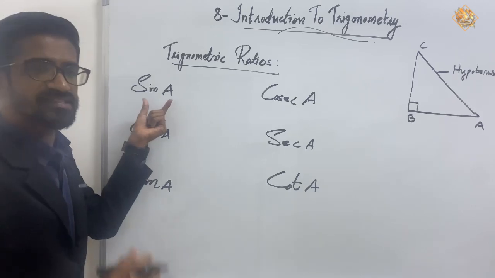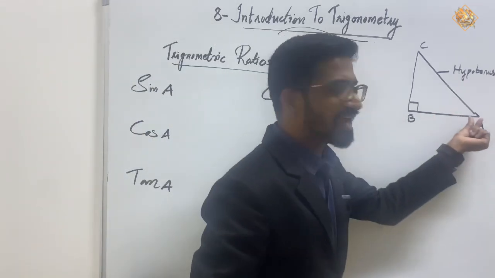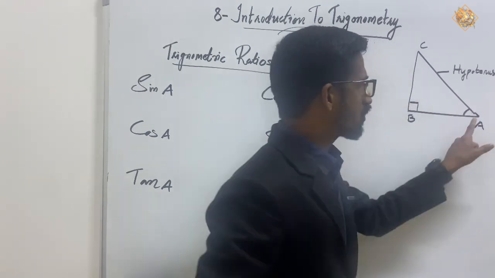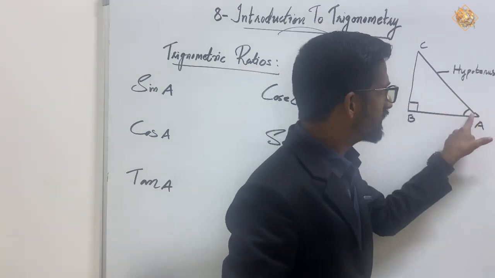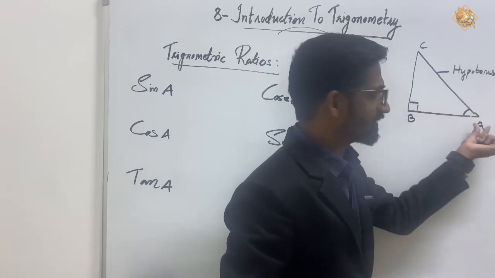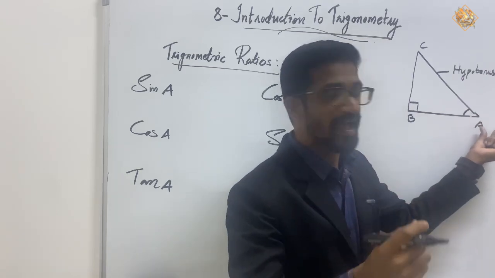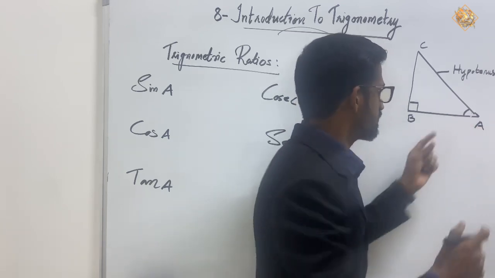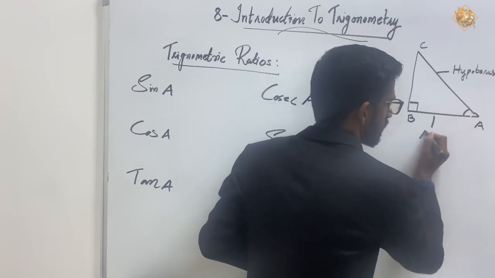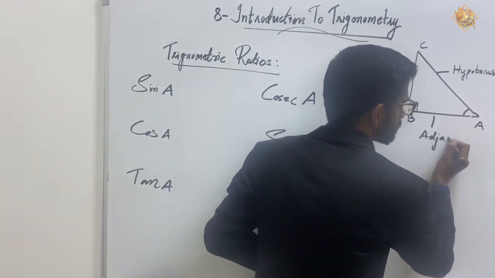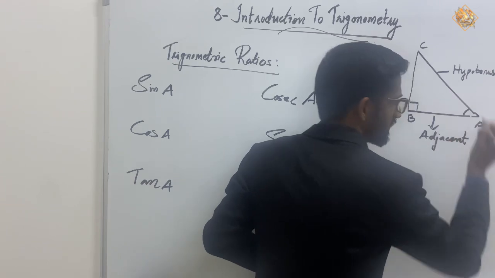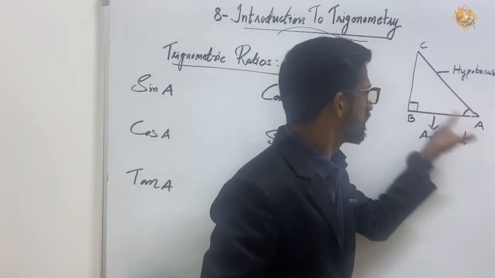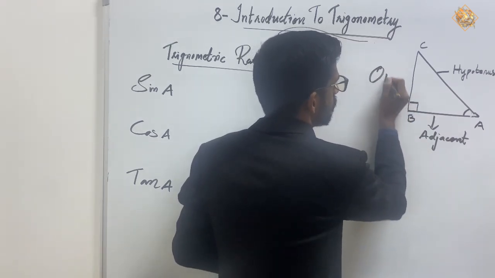What is the definition for sine A? To know that, we first need to focus here. This is the angle that we are focusing at in this triangle. The side closer to the angle A is the adjacent side, and the side opposite to the angle A is the opposite side.